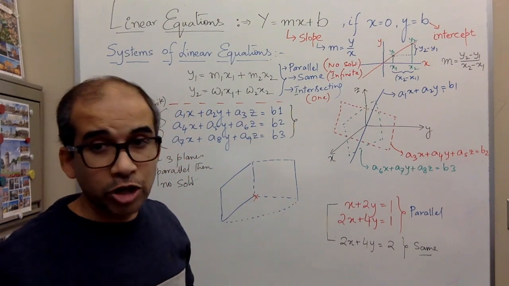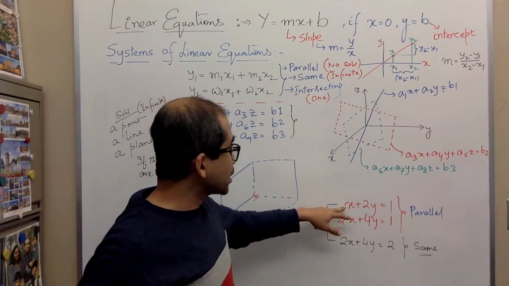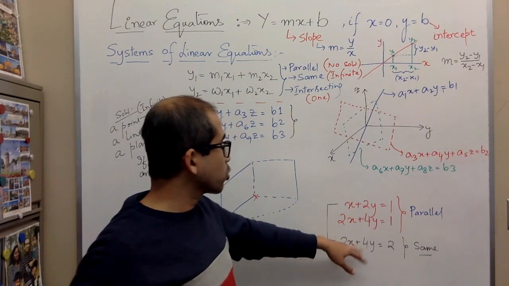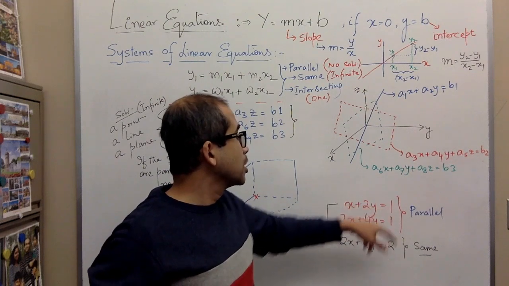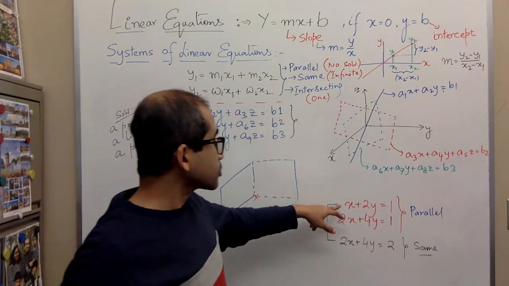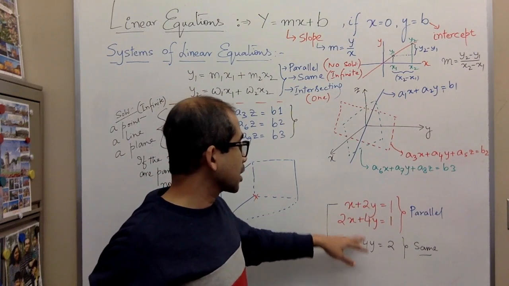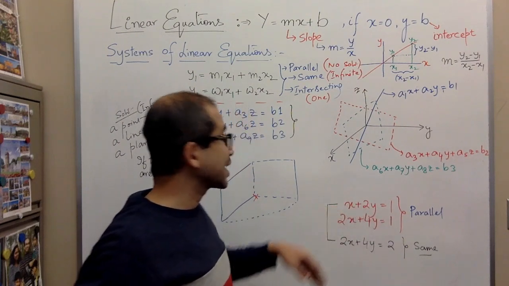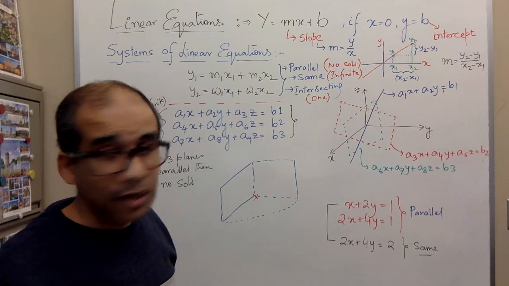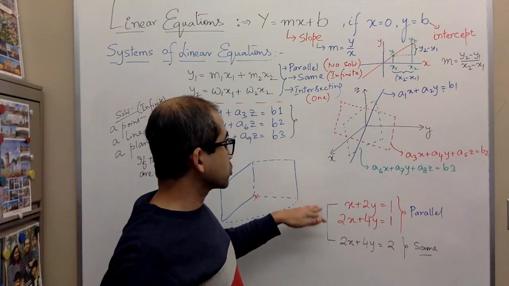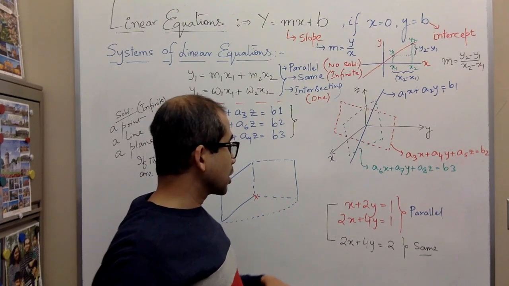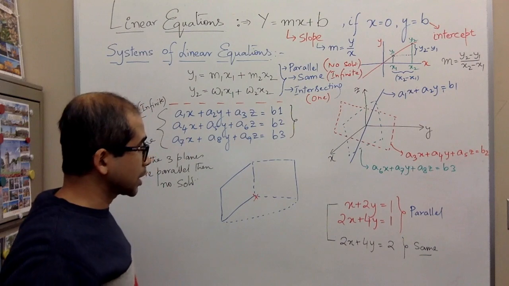They are parallel lines. But x plus 2y equal to 1 and 2x plus 4y equal to 2, when I just multiply each variable by 2, you will see that these are basically the same line. Whatever value of x the first one satisfies, the second one will also satisfy.